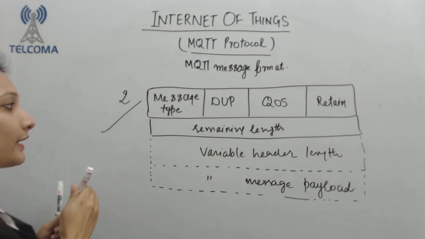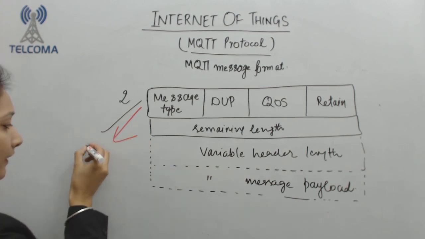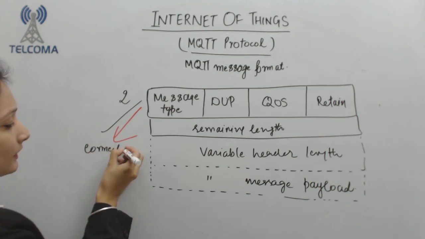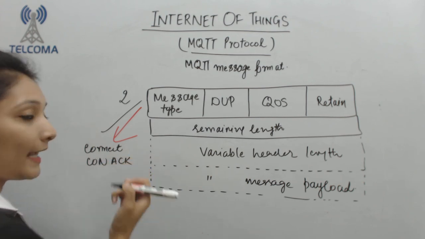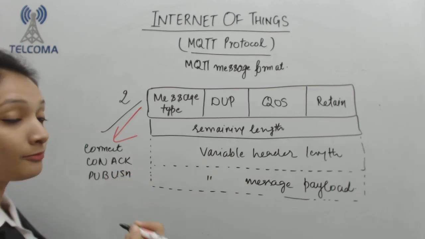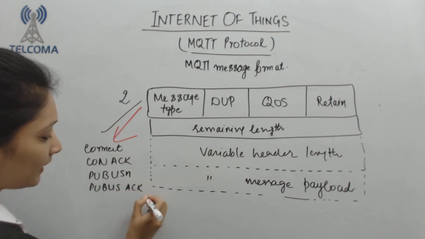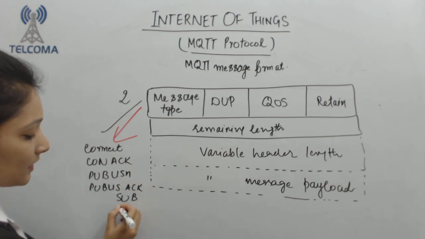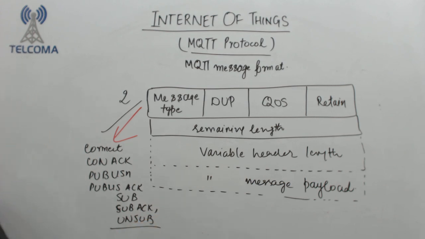So the different kind of messages which we have here are like connect, then disconnect, acknowledgement, then the message is published, that means transferred, then its acknowledgement, then subscribe message, subscription acknowledgement, or whether it's unsubscribe message.